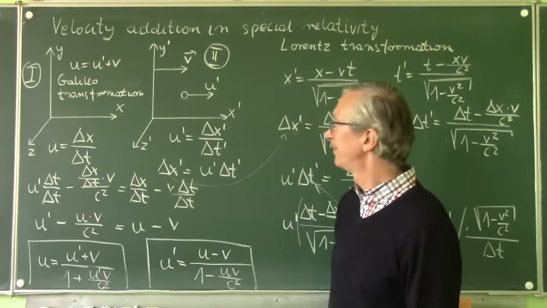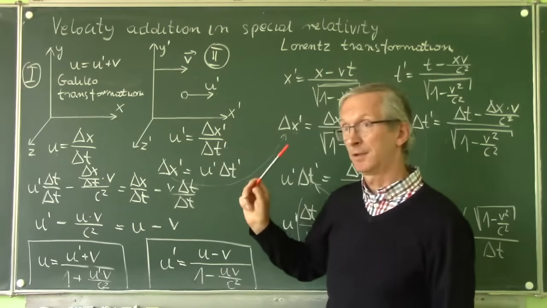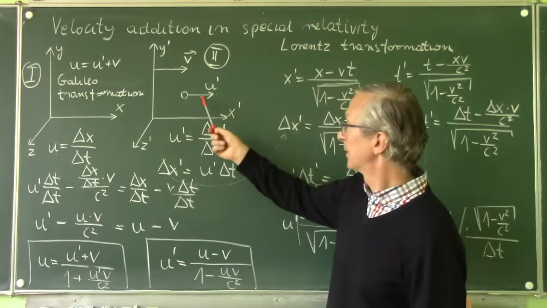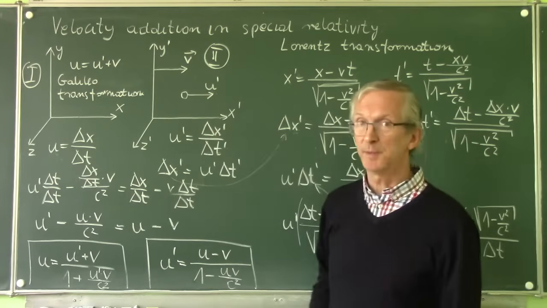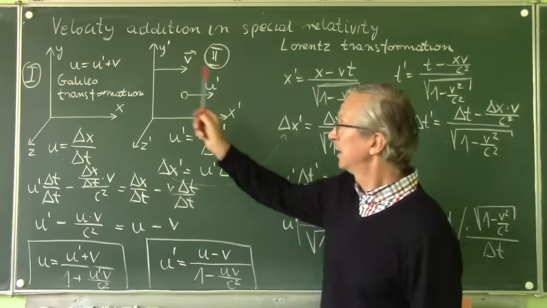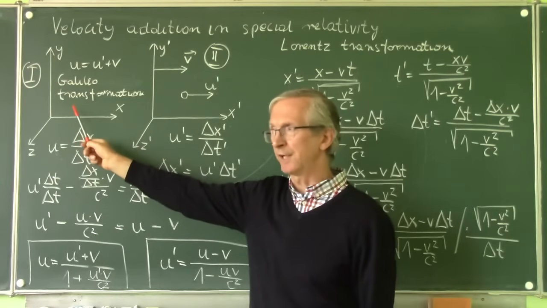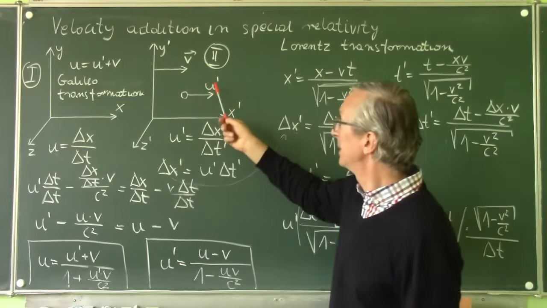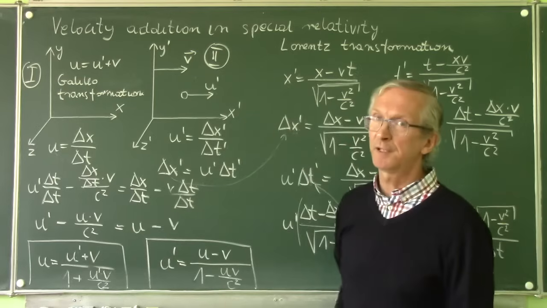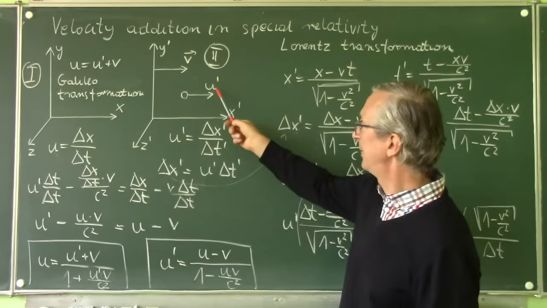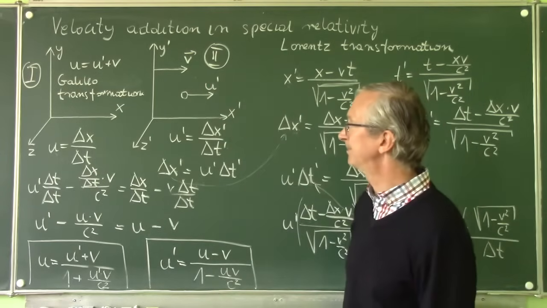We want to know what value of the velocity of this object will be measured by the observer in the first frame of reference if the observer in the second frame of reference achieved value u dash.